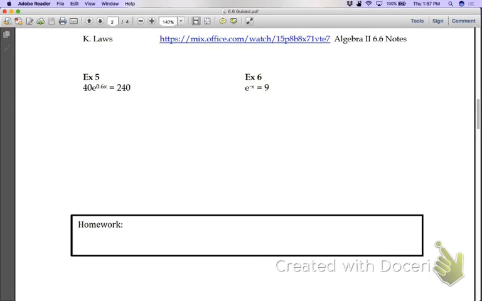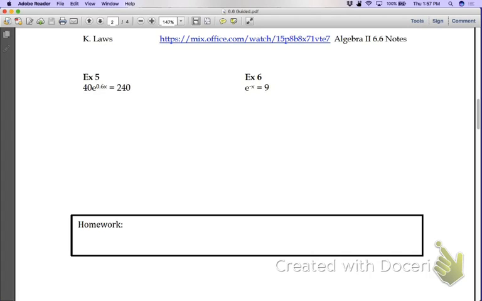Then on the back side, if you have anything that has a base of e, it's really up to you how you want to do this. Again, I still need to get the exponent by itself. So if I have 40 times e to the 0.6x power equal to 240, I have to get my exponential by itself first.